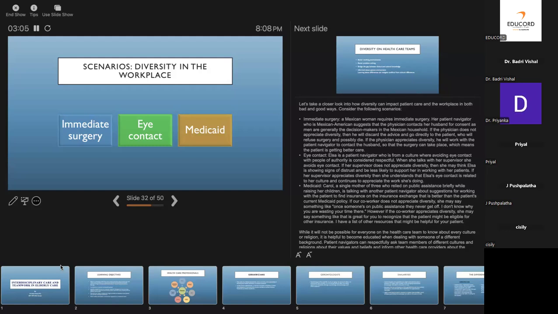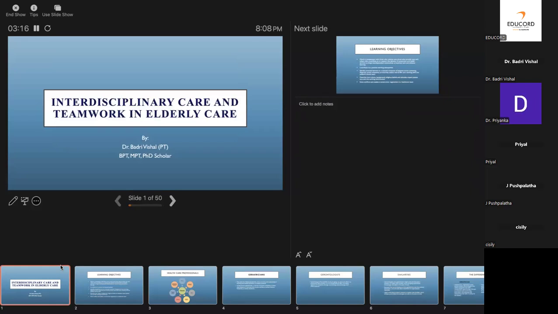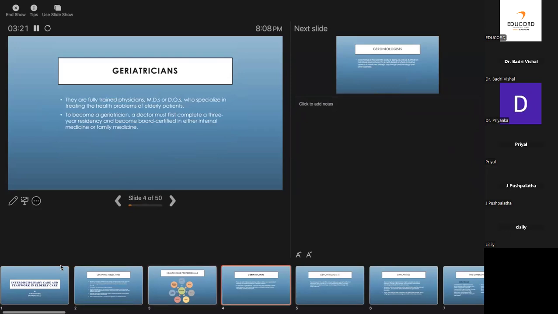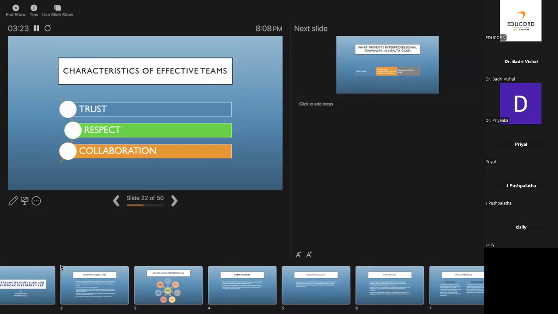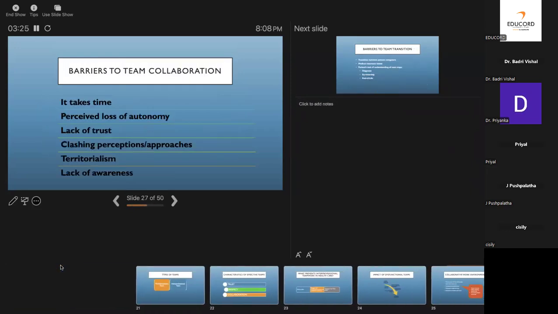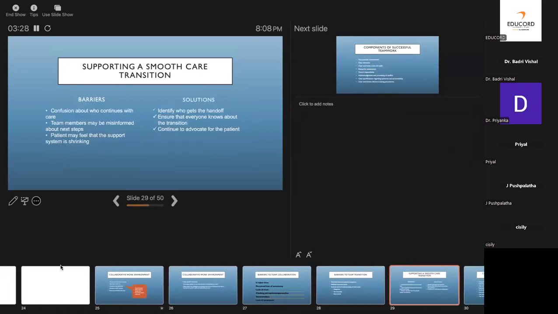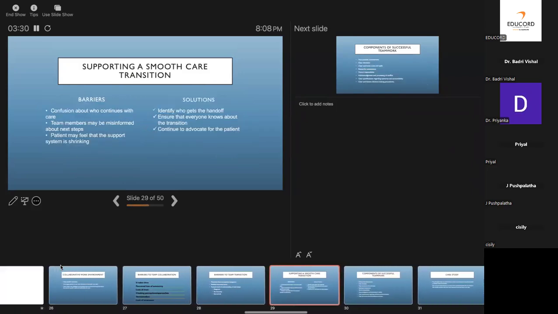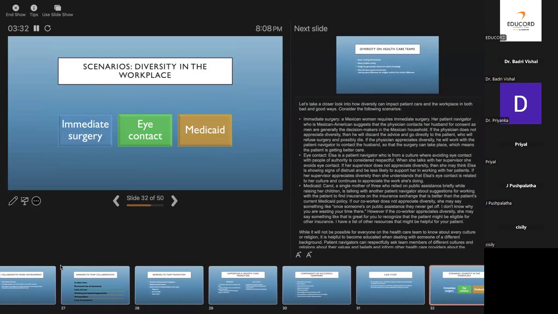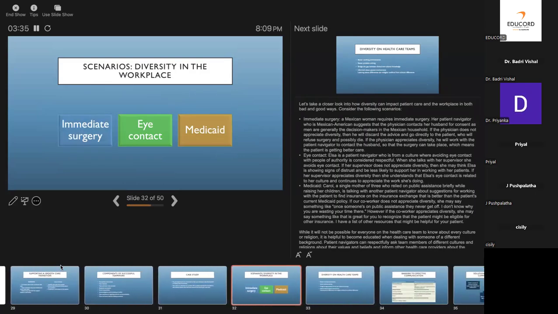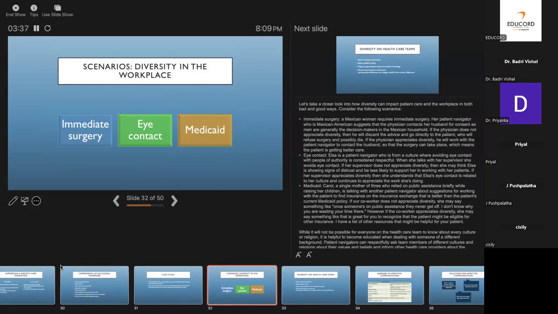But sometimes in some conditions, patients feel that if the doctor or the therapist is trying to avoid eye contact, they are not very sure of their treatment protocols and they are trying to hide something.